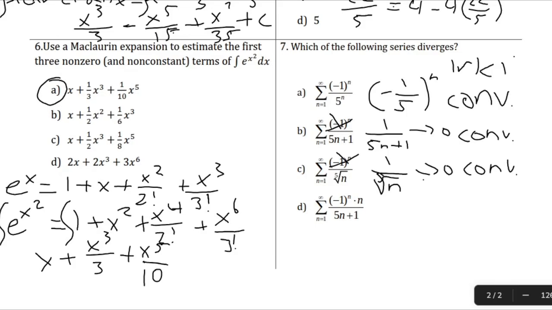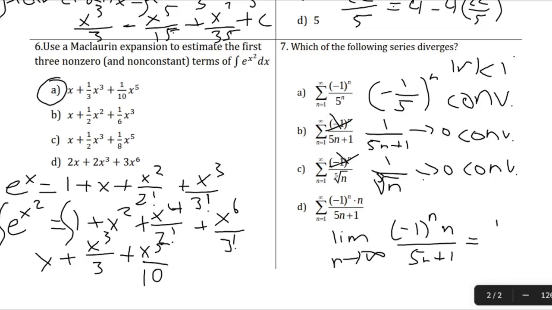Now this next one, we don't actually have to use alternating series test, even though it looks like it. We can just use nth term test, because the limit of this function when n approaches infinity is actually not going to be 0. It's going to be a different value.